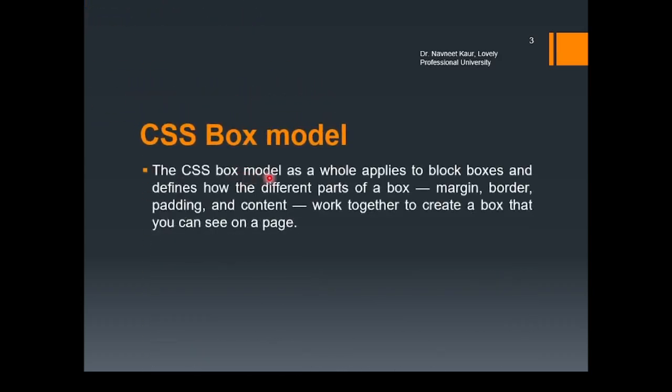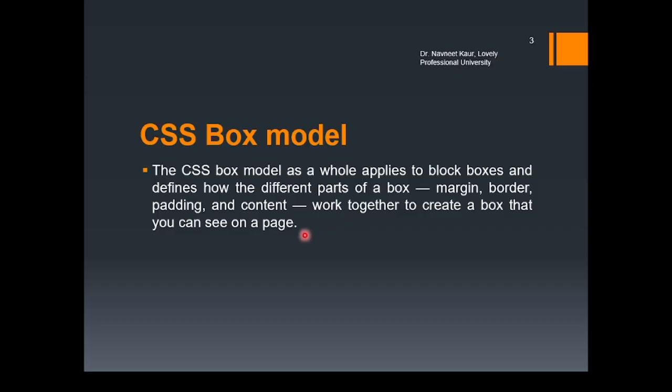The CSS box model as a whole applies to block boxes, and it defines how the different parts of a box, including margin, border, padding, and content, work together to create a box that you can see on a page.